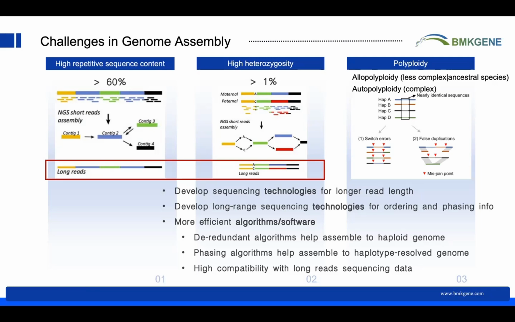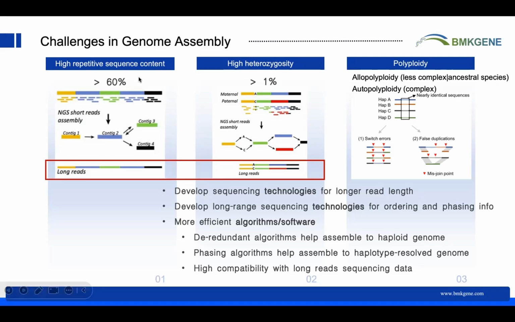So we need to develop more efficient, highly compatible methods or software to do the analysis or assembly of the long read sequencing data. So in this part we need to find or use a more efficient algorithm or software for the assembly.